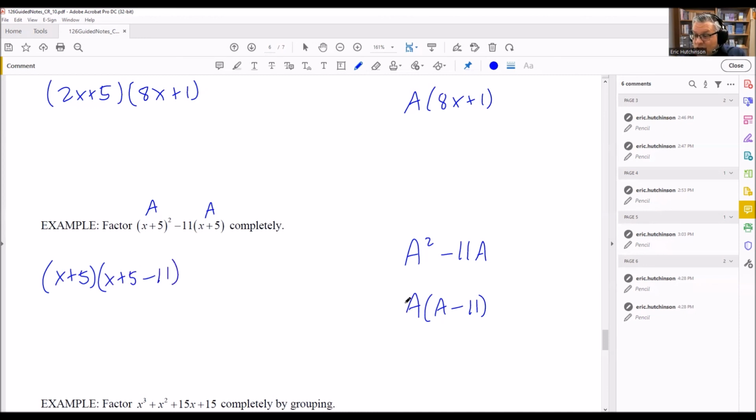So it looks just like this, except I just replaced the capital letter A with x plus 5 in each place. We're almost done. We do have this part inside parentheses that can be simplified further. And so we will do that next. I have a plus 5 minus 11. That's going to be x minus 6. So now this part here, that would be considered fully factored.